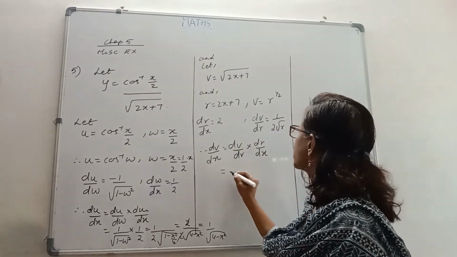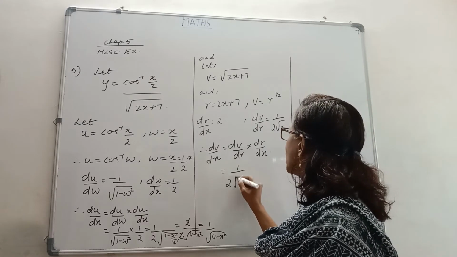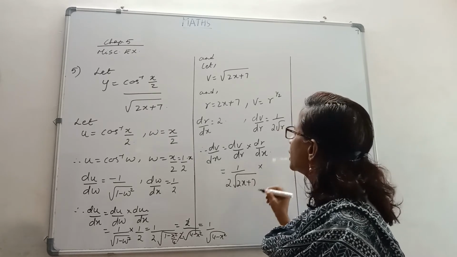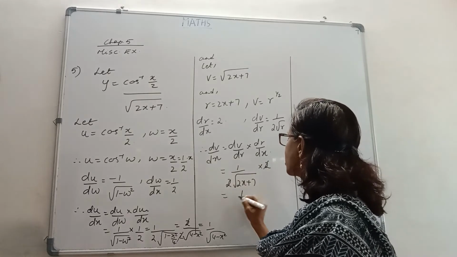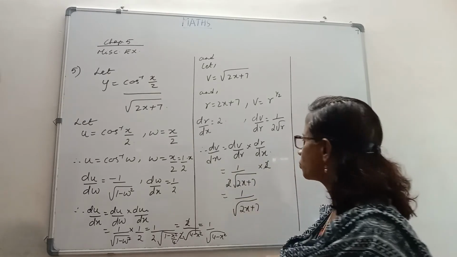So let's get them together. This is 1 by 2 root of r, and dr by dx is 2. So the 2 and this 2 can cancel each other. Your overall derivative is 1 by root of 2x plus 7.